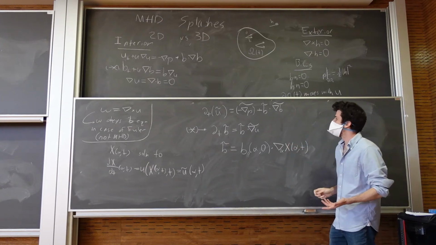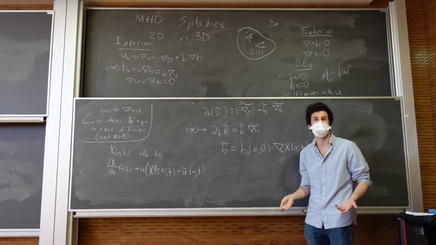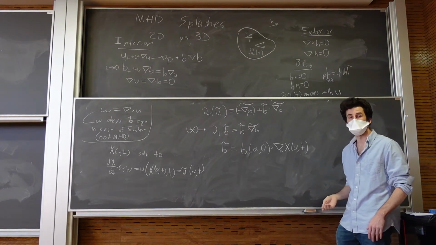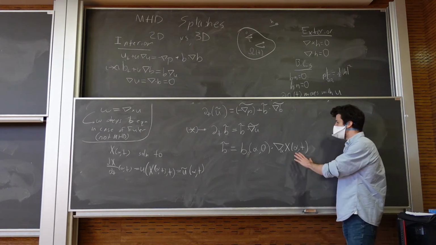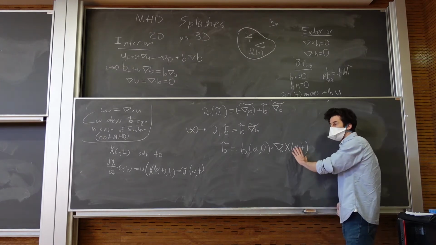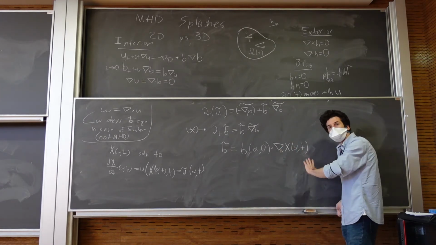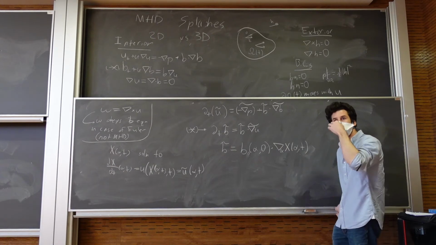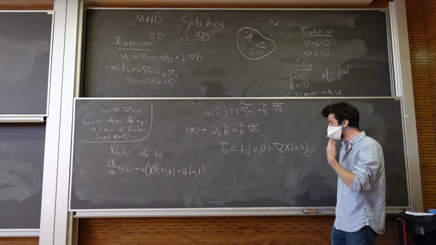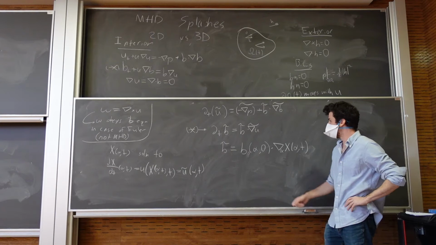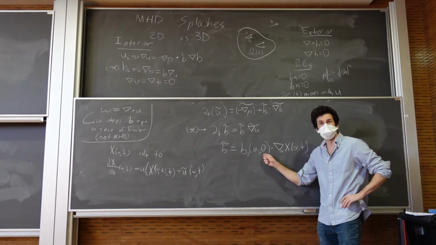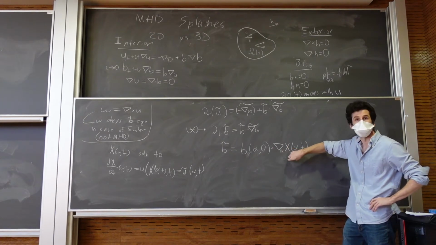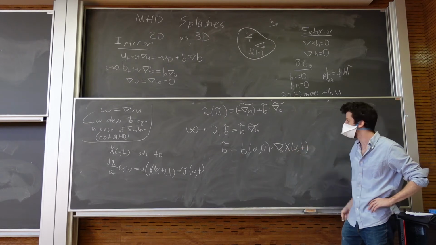So the idea is that somehow you're sort of magically able to reduce the number of unknowns in the problem. So it's converted into a problem for x. You can sort of say, let's just solve for x instead of worrying about b. And for 3D Euler, I would get instead omega of alpha 0 dotted into the gradient of x. So that's just a nice fact.